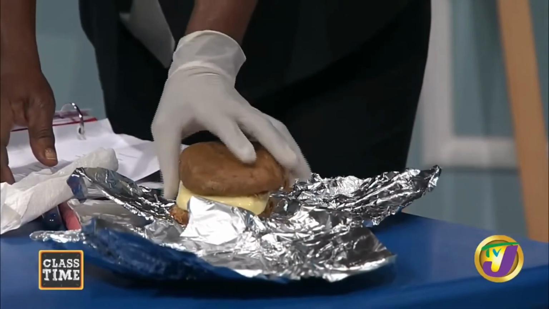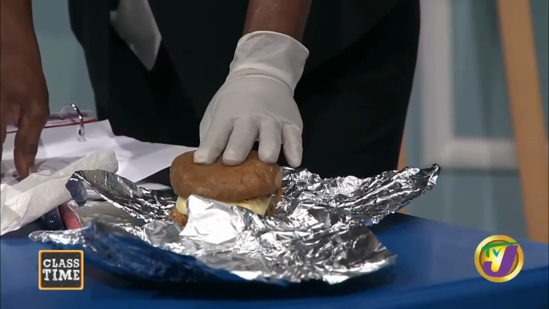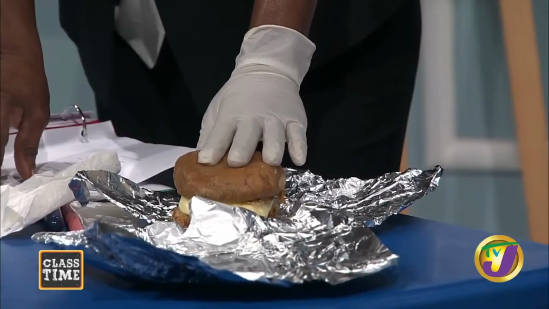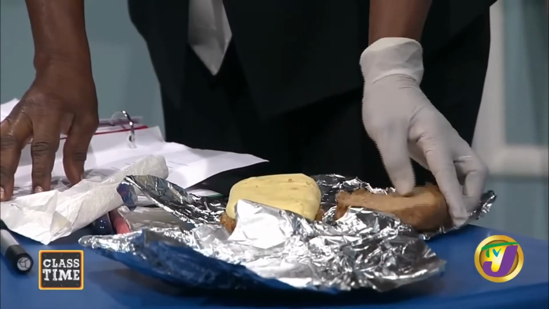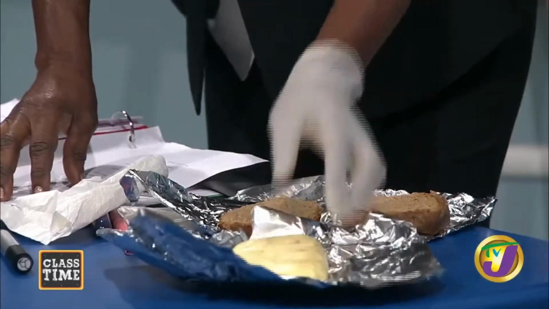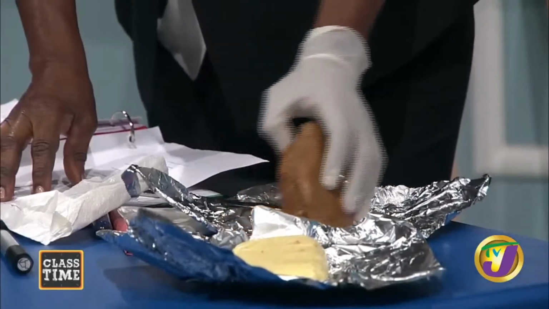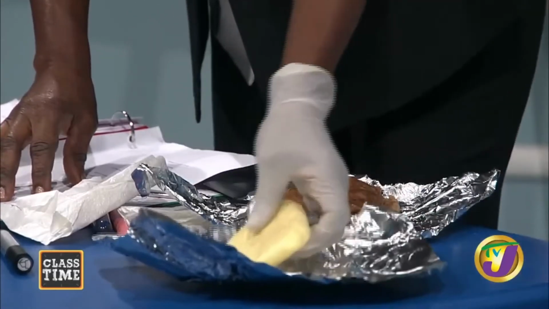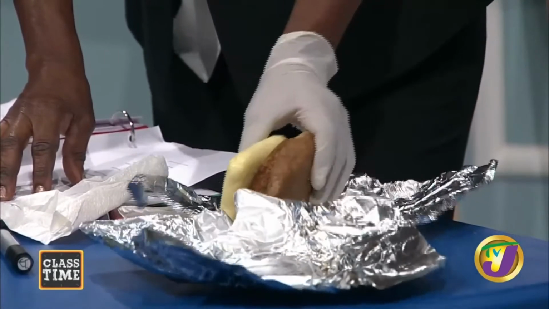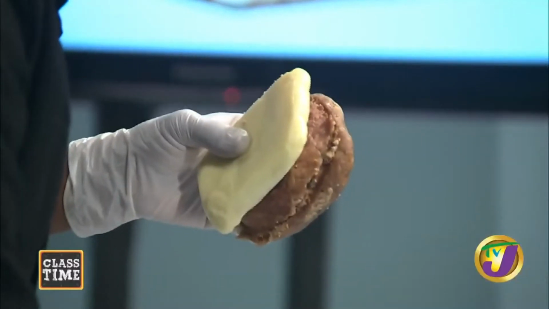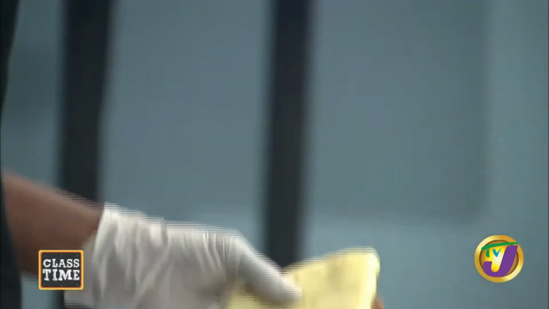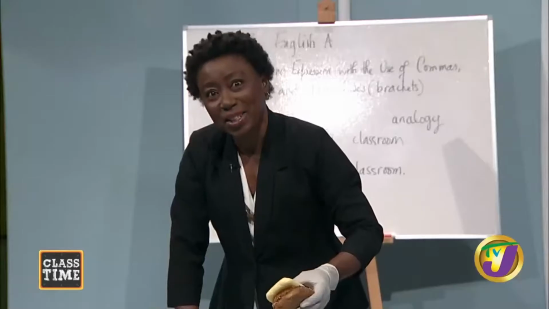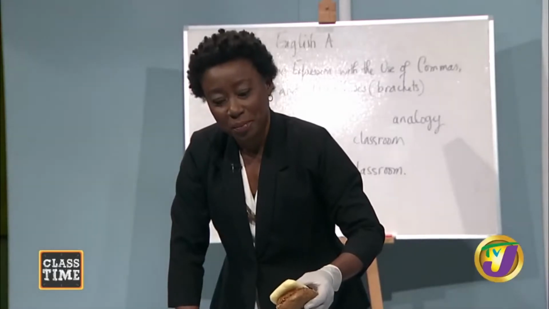All right. So I have improved the bun with the cheese. Now, whether I put the bun inside or I put the bun outside and get it, I am still having the same effect. Okay then? The most important thing is that I am adding the cheese to the bun.